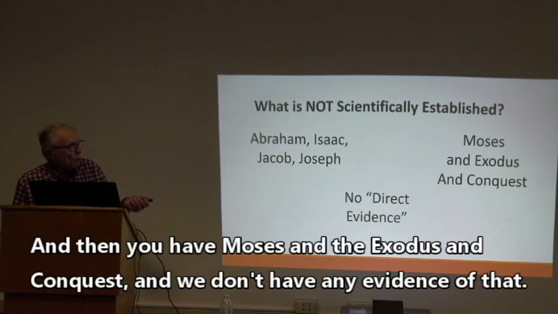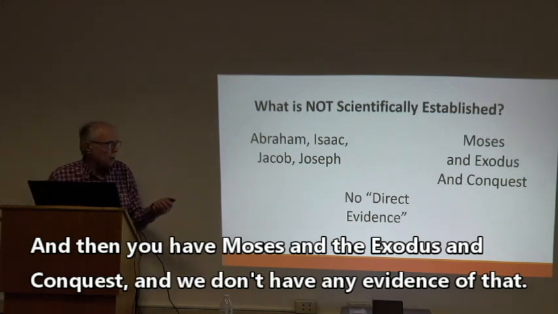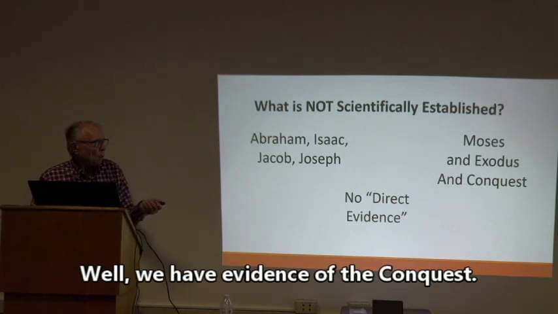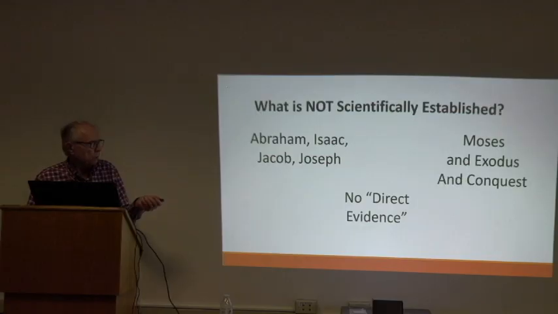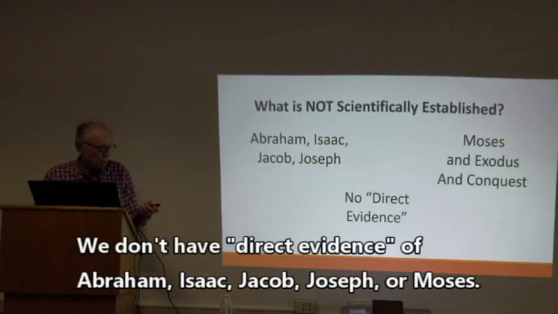And then you have Moses and the Exodus and conquest, and we don't have any evidence of that. Well, we have evidence of the conquest. Where is that? There. But we don't have direct evidence of Abraham, Isaac, Jacob, Joseph, or Moses.